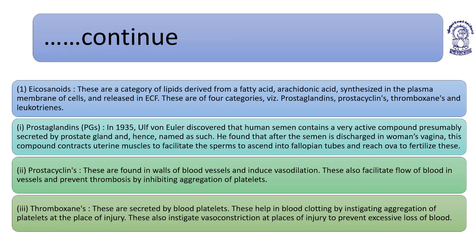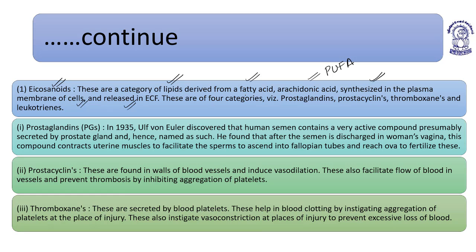Now, these local hormones include eicosanoids. They are a category of lipids, very important, derived from the fatty acid arachidonic acid, which is a PUFA, polyunsaturated fatty acid, synthesized in the plasma membrane of cells and released in extracellular fluid.